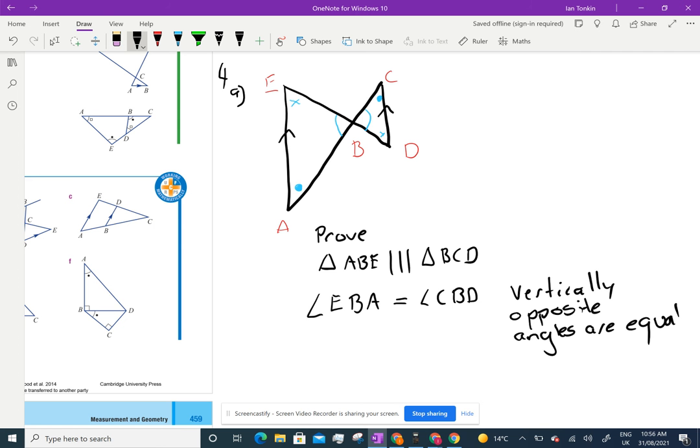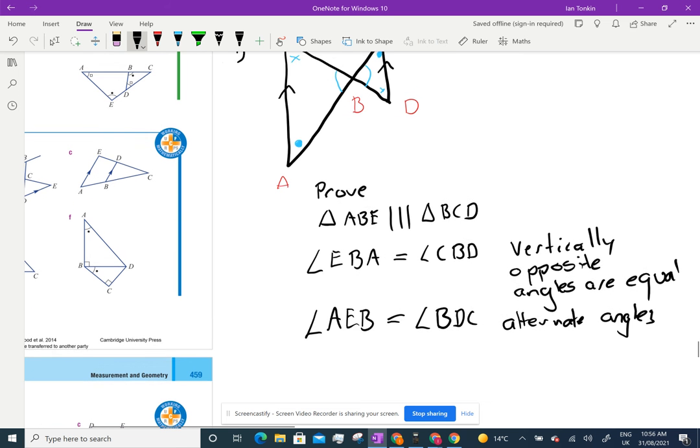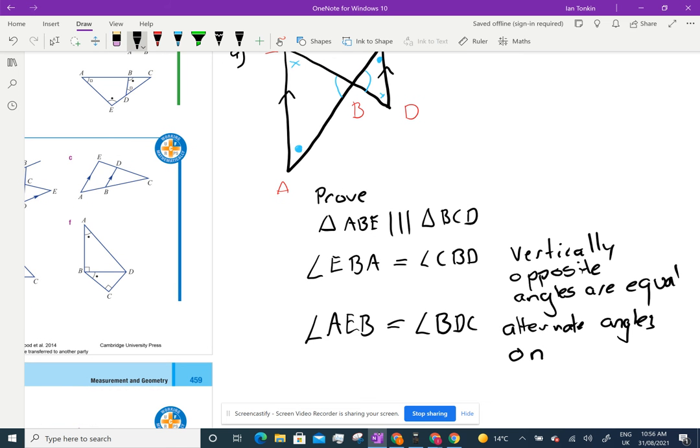Now, angle AEB equals angle BDC. Why? Because they're alternate angles on parallel lines.